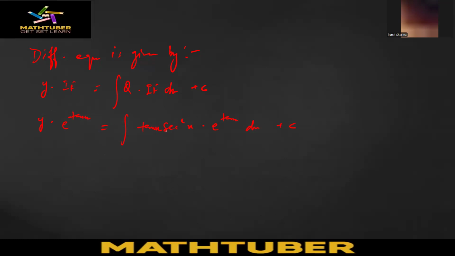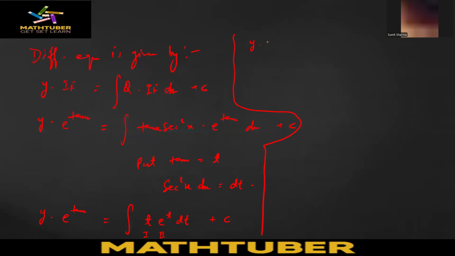And we know that the differentiation of tan x is sec square x. So we can substitute it here. Put tan x equal to t such that sec square x dx is equal to dt. So it will become y into e raised to power tan x is equal to integration of t into e raised to power t dt plus c. And now we can apply integration by parts here.